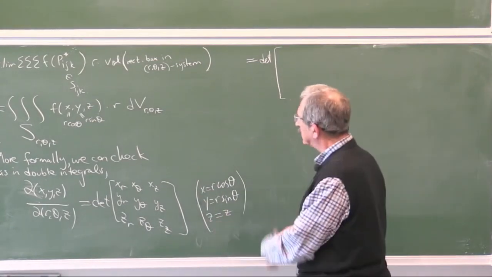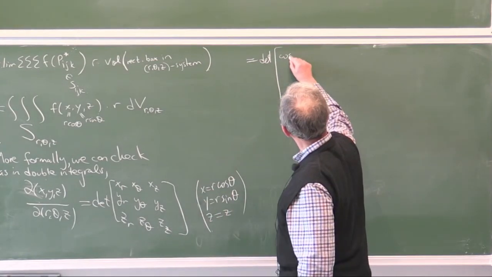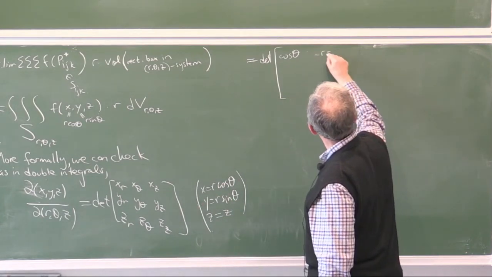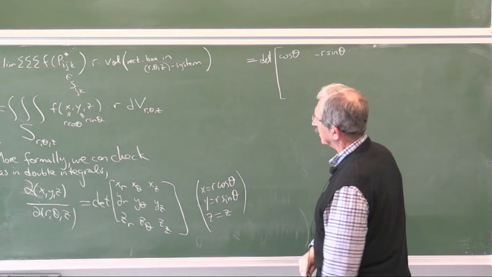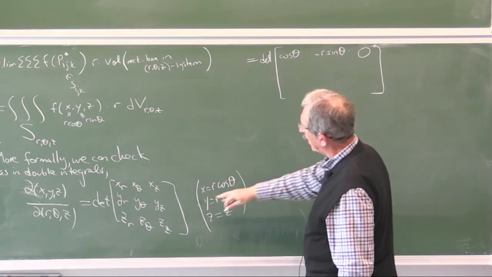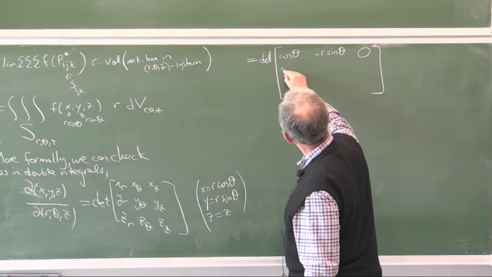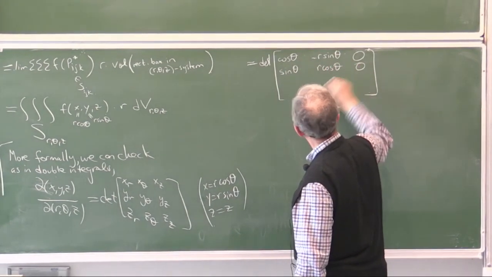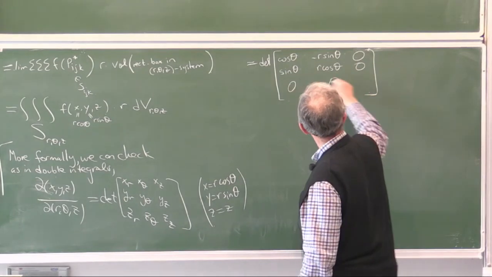So these become now cosine theta with respect to r, with respect to theta minus r sine theta, with respect to z, that is 0. y, similarly sine theta, r cosine theta and 0, and z 0, 0, 1.